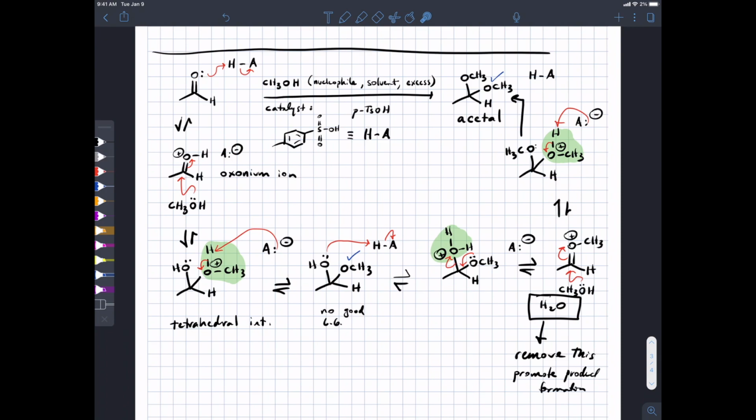So it turns out you can actually use the acetal as a protecting group. If you have a carbonyl compound that you don't want to react with some nucleophile, you can quickly make the acetal first and then do the reaction wherever else you need to do it. And breaking apart the acetal is also pretty easy, and I'll show you how to do that in just a second.